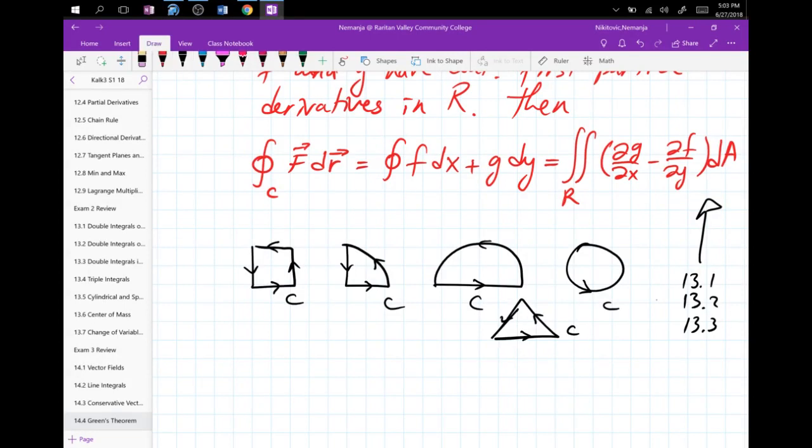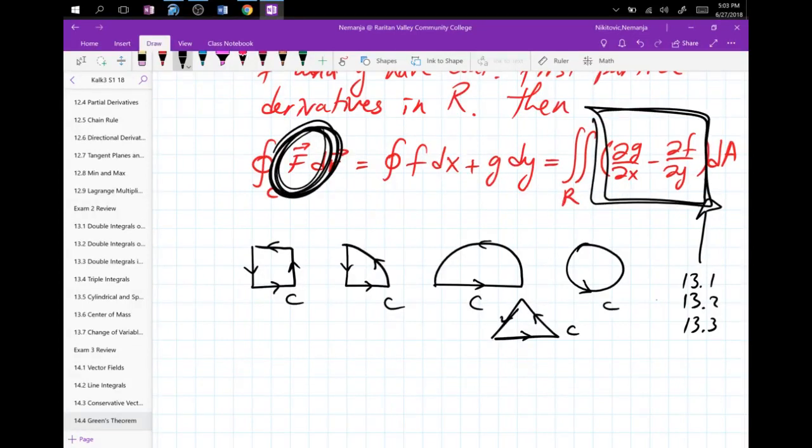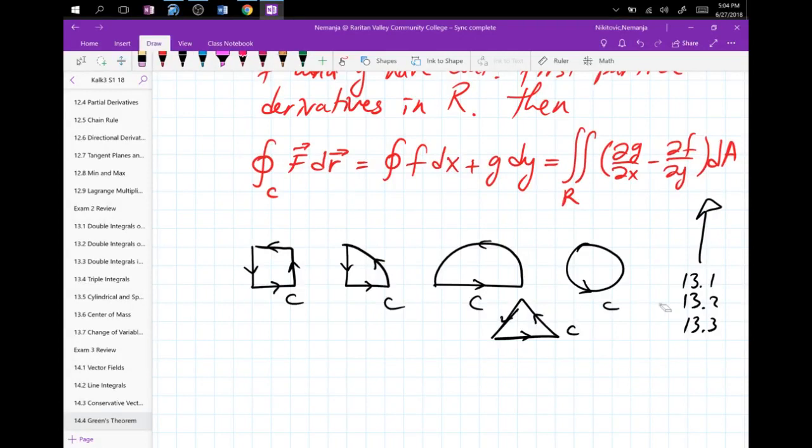And if you see what you have in here, the vector field will govern the guts of the integral, and the geometry of the problem will govern the limits of the double integral. So if I say that you are on a semicircle, you might want to deal with polar coordinates. If you are on a square or a rectangle, definitely rectangular. If you have a parabola or something like that, then general regions will do.